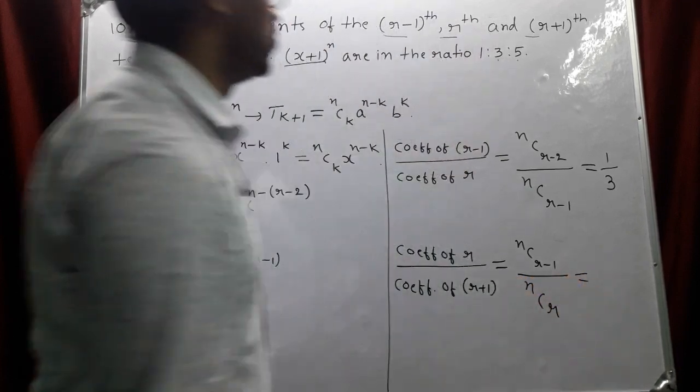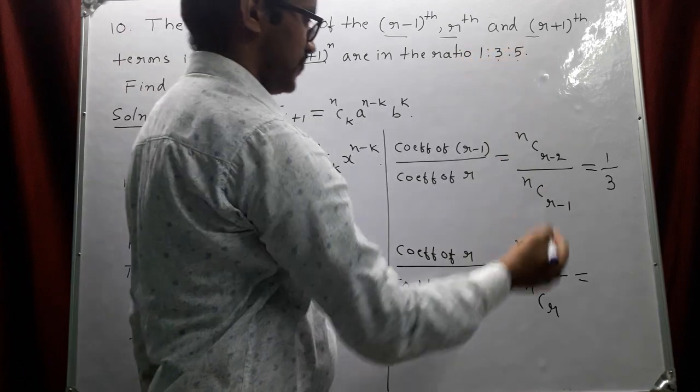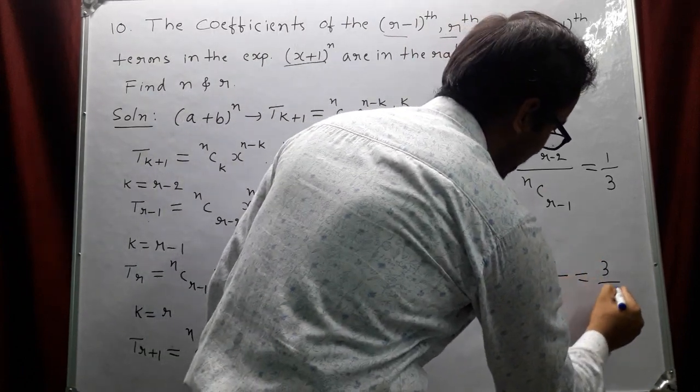So that is in the ratio 3 is to 5, that is 3 by 5.